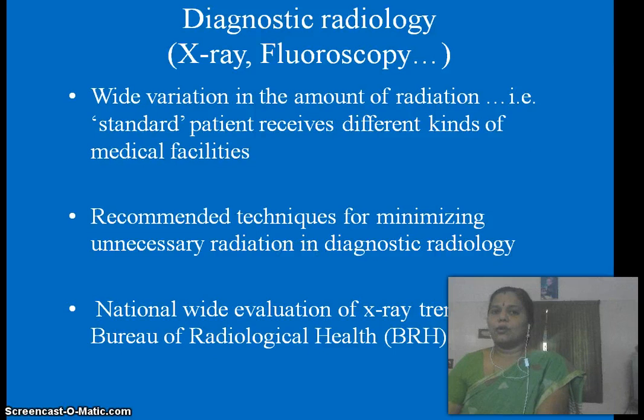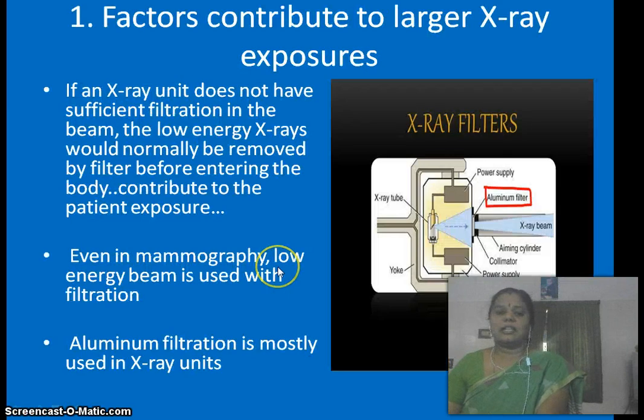So we are going to see what are all the possible methods to minimize the unnecessary radiation. The first method is, what are all the list that the study group have recommended? Here you could see the X-ray machine, where we have the X-ray beam and the power supply, collimator cylinder with the power supply, and the important thing, highlighted in the red mark, is the aluminium filter.